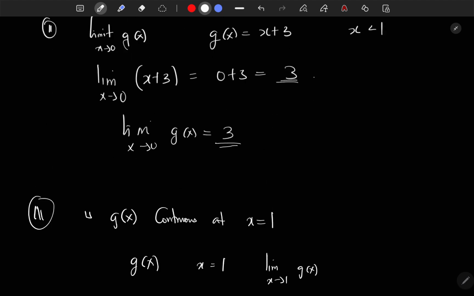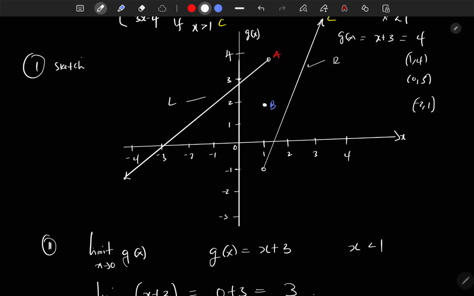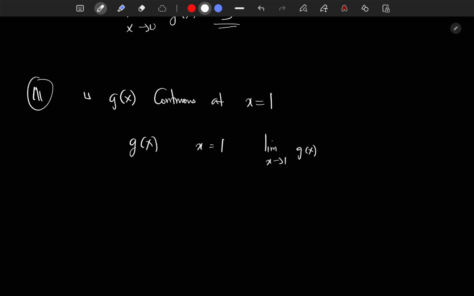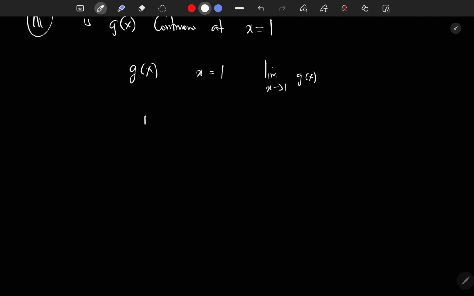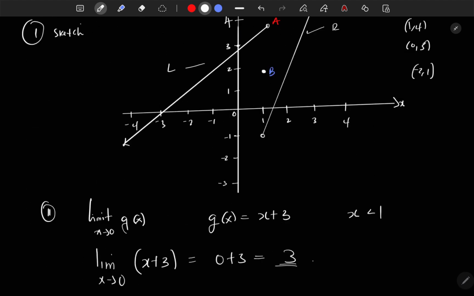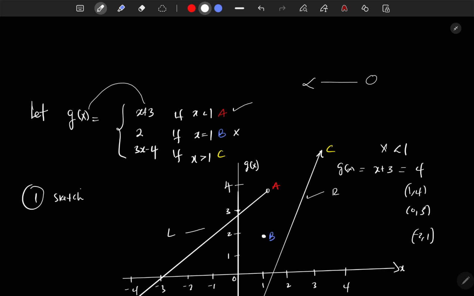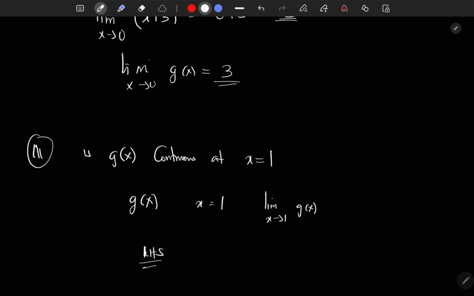Now we understand that both of them involve 1. So let's now evaluate the left hand side. The left hand side is coming from this part here, which is less than, so x plus 3.